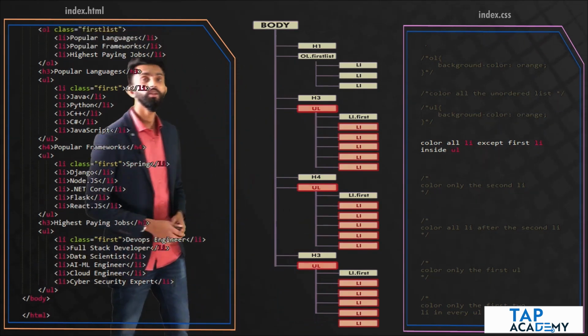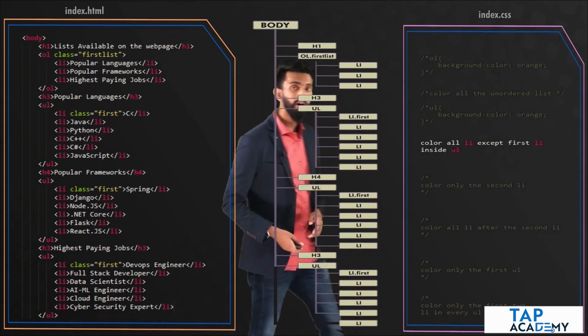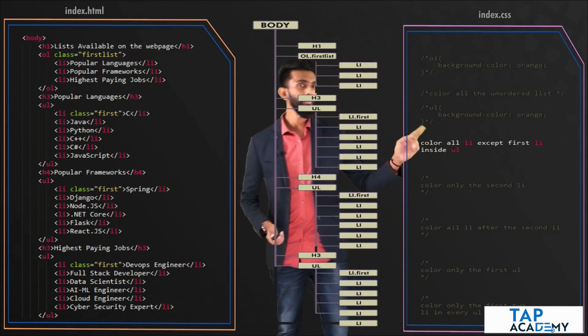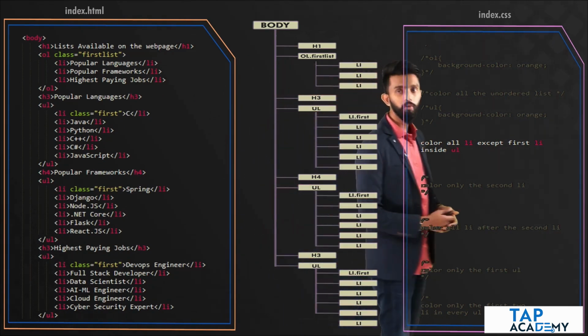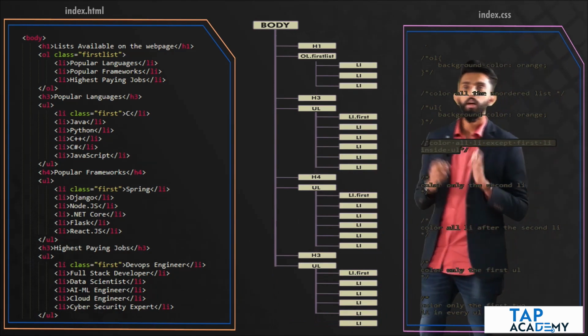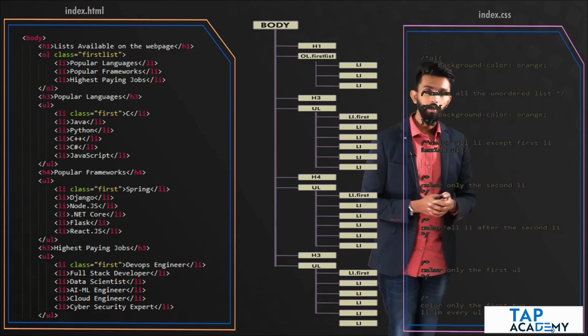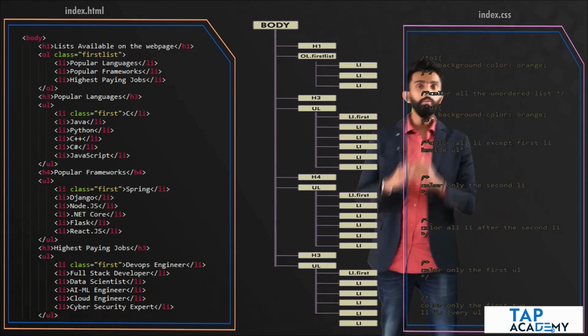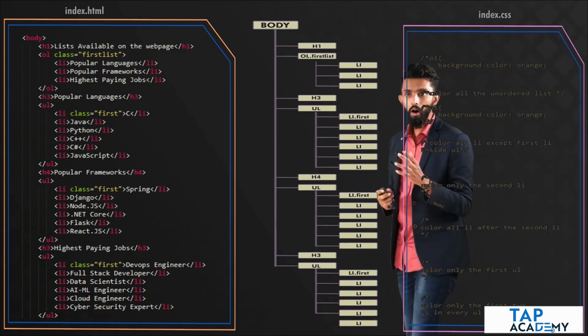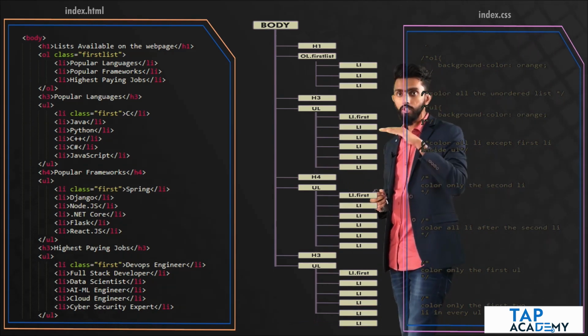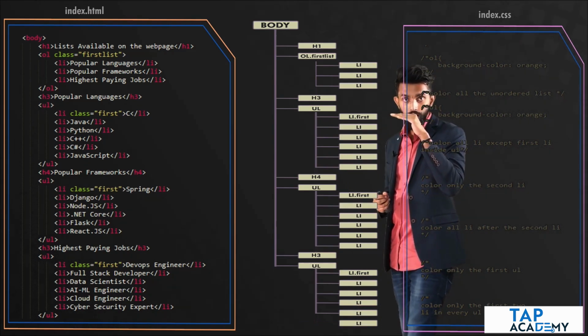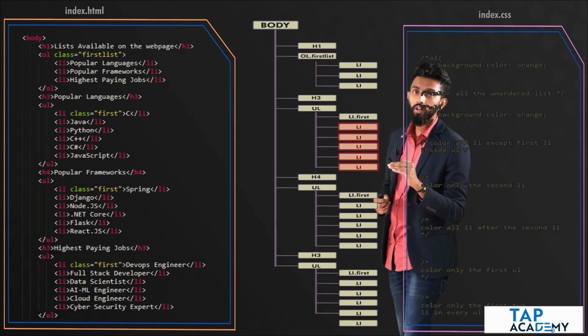Any confusion till this point of time? How are we going to do this? Very simple. Let me comment this so that it doesn't come in our way. Now, this is where you have to think a little bit. Everything except, which means I must somehow establish a relationship such that other than the first li, from here everything should get selected.